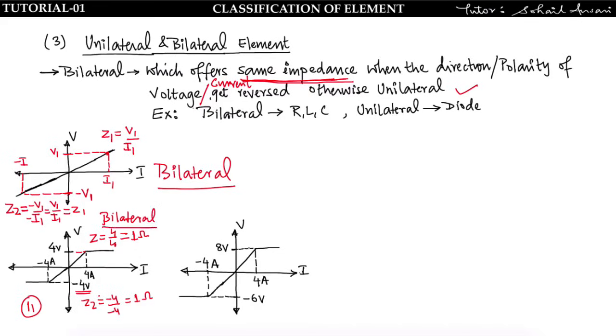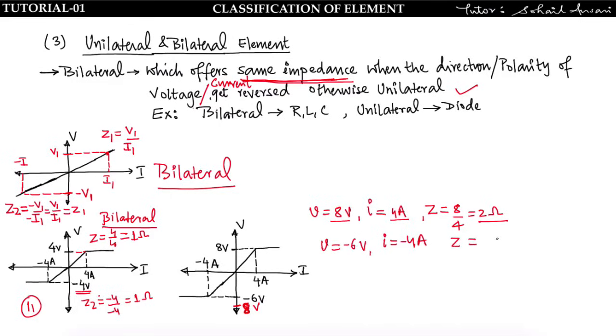Okay, now see this problem. At V is equal to 8 volt I am getting I is equal to 4 ampere, means in the first quadrant impedance will be 8 by 4, that is equal to 2 ohm. Now see in the third quadrant, at I is equal to minus 4 ampere I am getting V is equal to minus 6 volt.